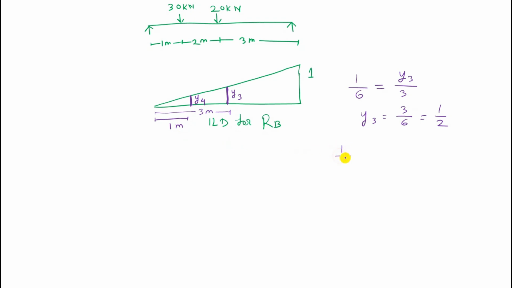So we can write 1 by 6 equals y4 by 1. So y4 equals 1 by 6. Hence, reaction RB equals 20 multiplied by half plus 30 multiplied by 1 by 6.